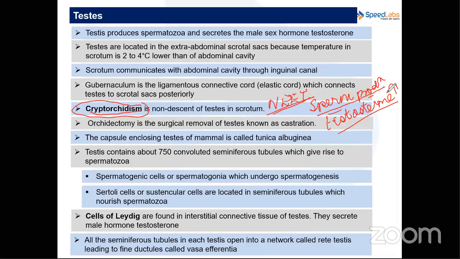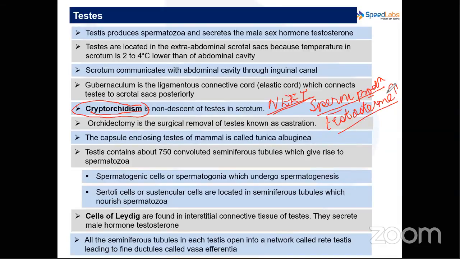Yes, LH as well as FSH are required for spermatogenesis. I will tell you about the hormonal control of spermatogenesis in the coming slides. So yes, you are right, Pramod.